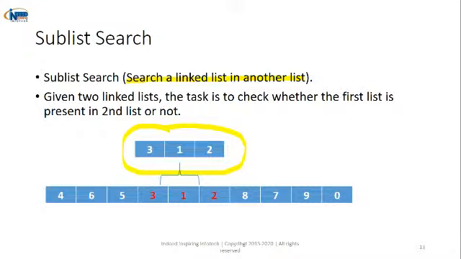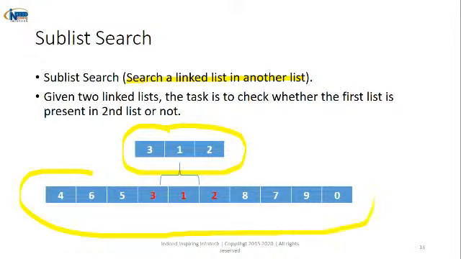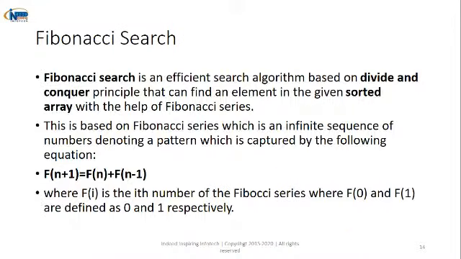We have a second list with multiple elements, and now we are trying to identify whether the first list is present in the second list. That type of search is called sublist search, because we have a bigger list of items, and in that bigger list we are trying to find a smaller list which we have.